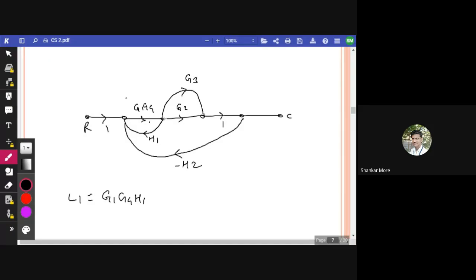G1 G4 H2, सॉरी G1 G4 G2 एंड H2. देखिए यहां से इस तरीके से ये भी तो एक लूप हुआ ना, isn't it? सो L2 को मैं कैसे लिखूंगा, L2 एक्चुअल में कैसा हो रहा है, G1 G4 G2, लेकिन मैं एक सीक्वेंस में लिखता हूं ना, तो G1 G2 G4 एंड H2, और यहाँ पे एक माइनस का सिंबल है तो मैं यहाँ पे माइनस लिखूंगा. ऑलराइट, नाउ नेक्स्ट लूप क्या होगा, थर्ड लूप, is there a third loop? Yeah, it is there, there is a third loop. ओके, ठीक है, so this is minus.